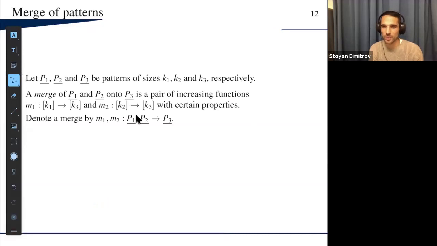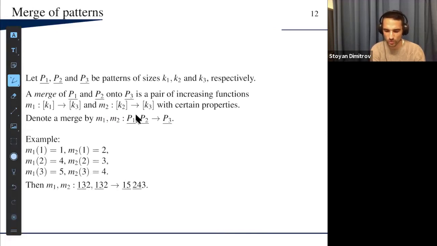So if I have three patterns, P1, P2, and P3 of sizes K1, K2, K3, then a merge of P1 and P2 onto P3 will be just a pair of increasing functions, M1 and M2, which encode such a merge that I showed.